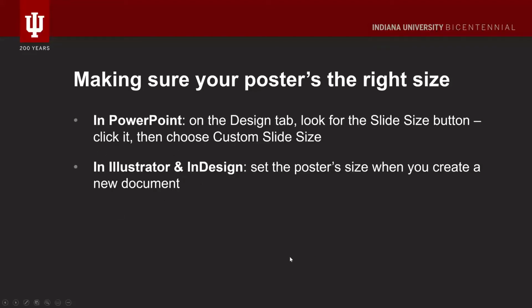So the big important thing that I want to point out is when you're putting together your poster, you want to make sure that it is the right size as you're designing, even if you only think it's going to be shown on a screen. And the two ways you want to focus on this in PowerPoint, for example, you'll want to make sure that you're on the Design tab in the ribbon and look for the Slide Size button.